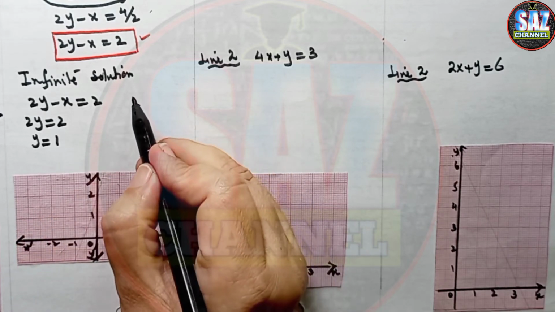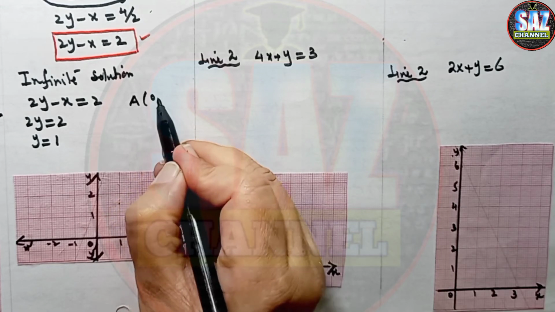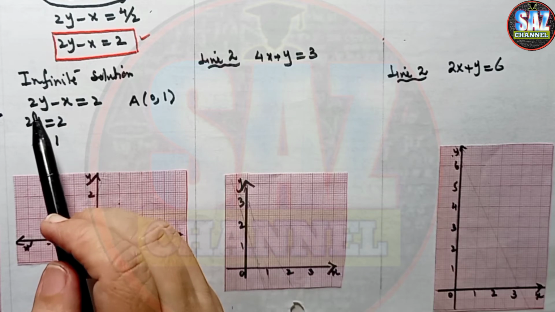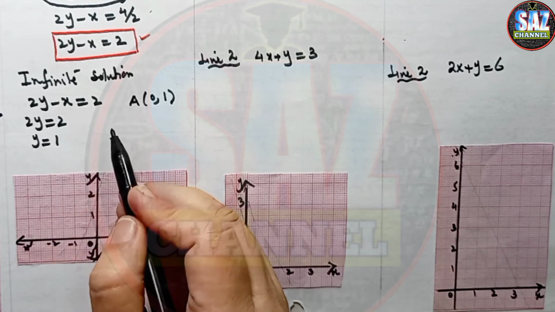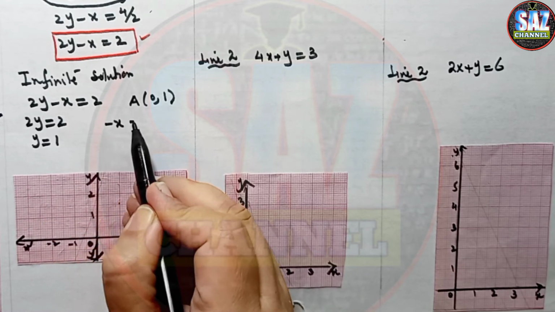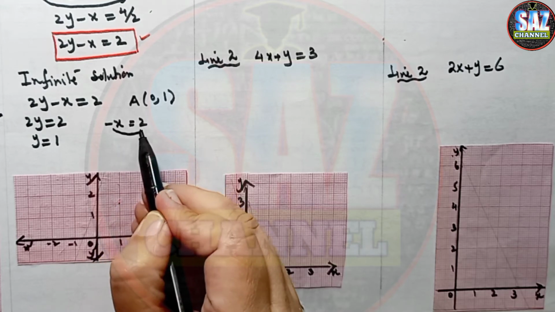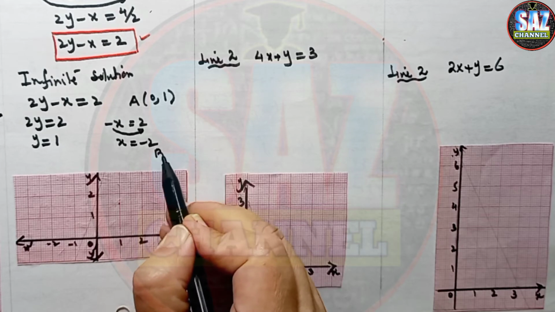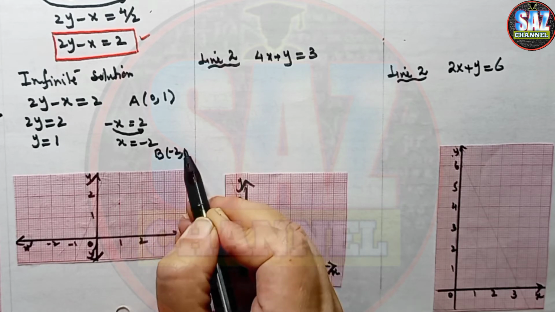So one of the points I can take is (0, 1). When I'm putting my y value as 0, I will have minus x equals 2, or shifting the minus sign to the other side, x equals minus 2. So the point can take the form (-2, 0).